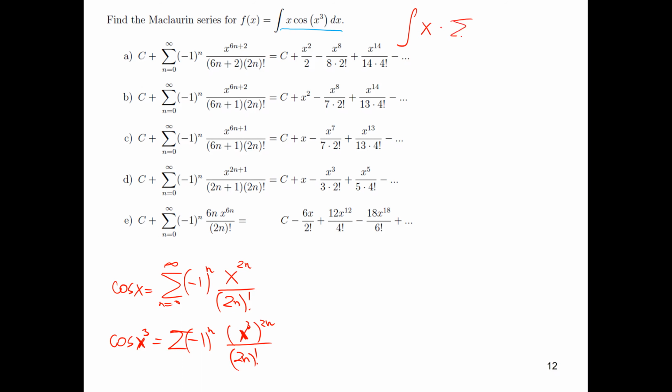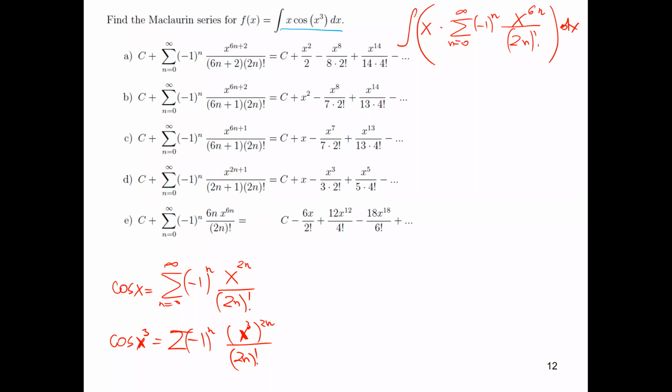Okay, that means what we have? We have power series from 0 to infinity, -1 to the n, 2n factorial, and then x cubed to the power of 2n is x to the power of 6n. And of course, we still have to integrate.